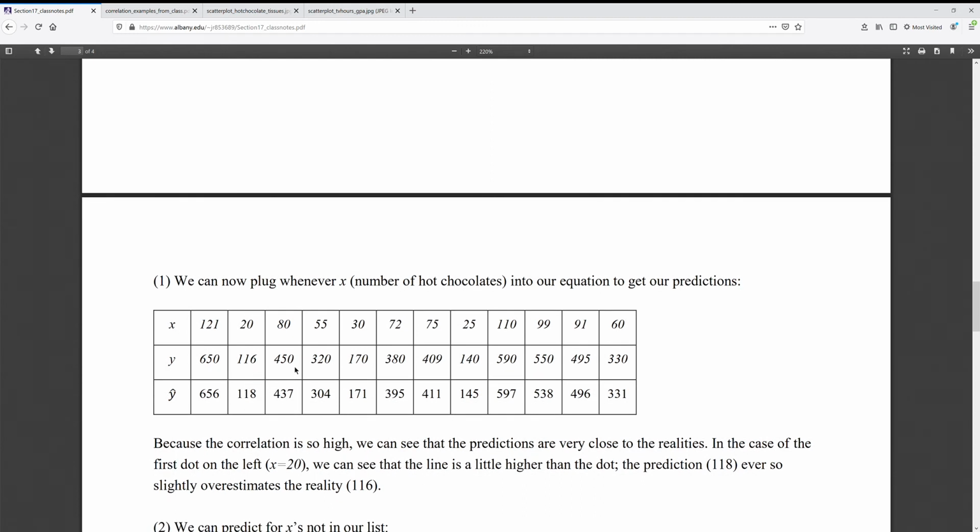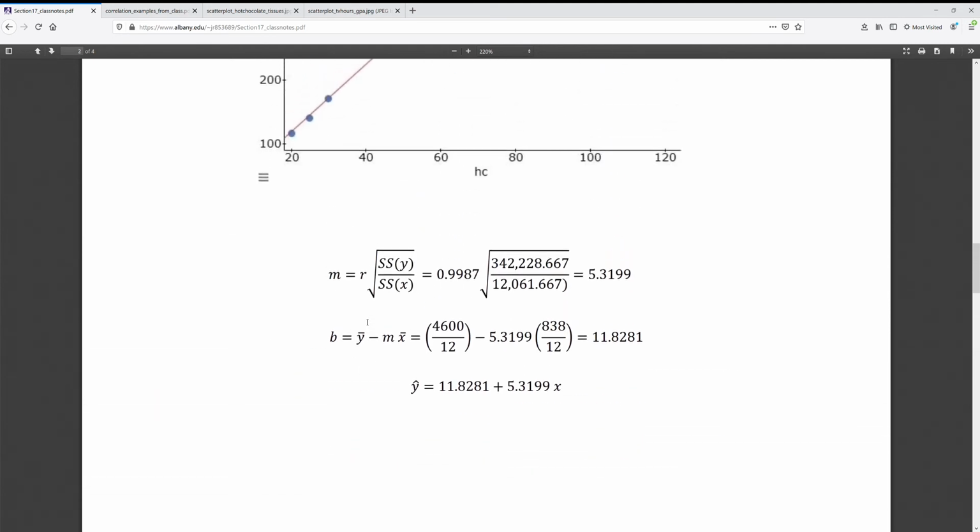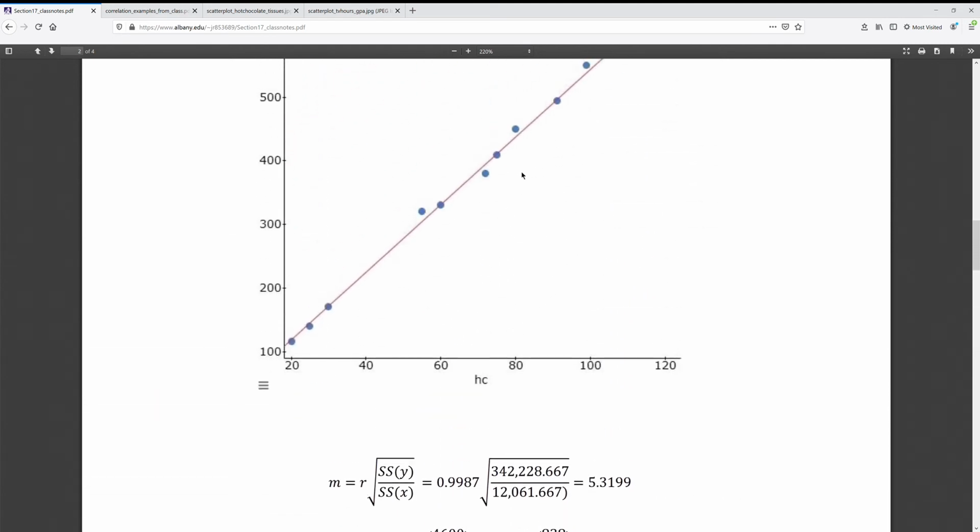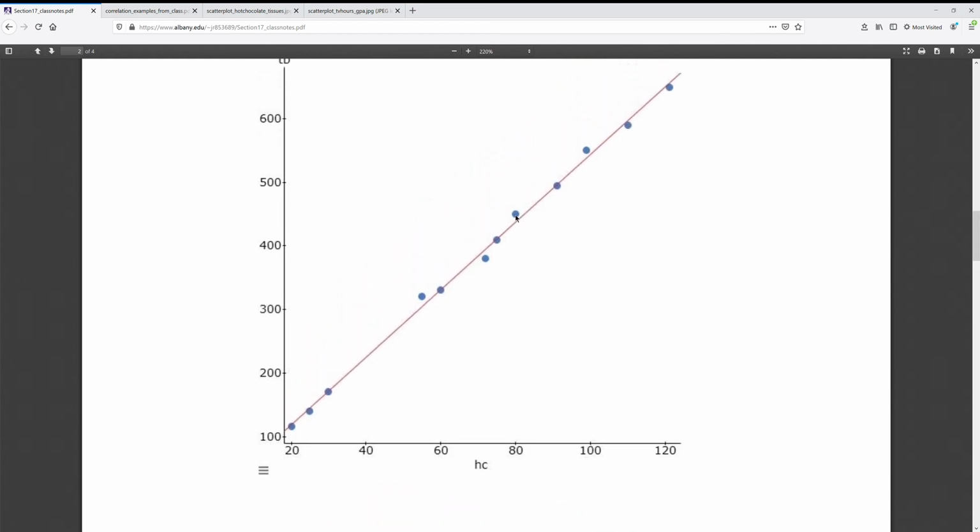Let's see, do we have one that goes the other way? Let's maybe look at this one. So here if we go at 80, the reality is 450. Where is that? Right here, I think. So the height of the dot is at 450, and this is one of the ones that's a little bit more pronounced. The height of the line is a little bit below it.